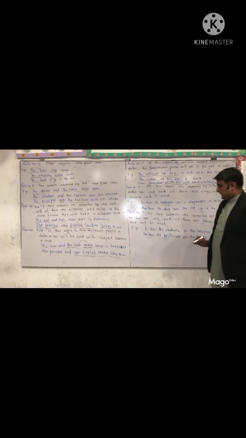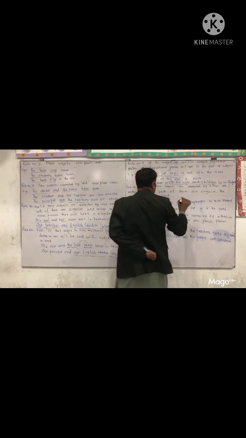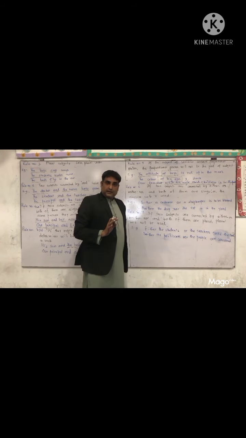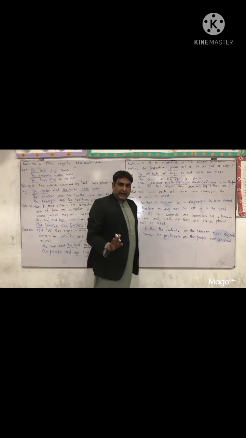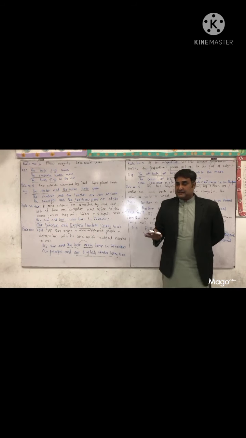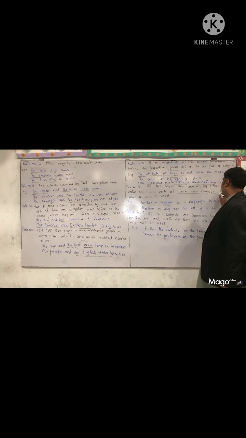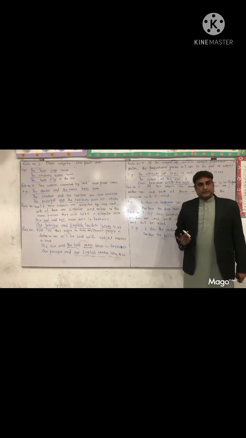Now coming to rule number 6. If two subjects, two nominatives, are connected by 'either or' or 'neither nor' and both of them are singular, the singular verb is used.